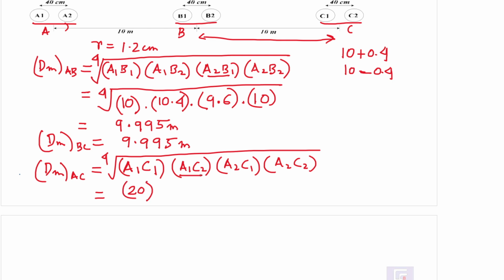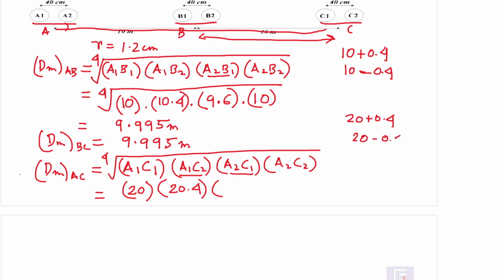What is A1 to C2? A1 to C1 is 20 and C1 to C2 is 40 centimeter, so it will be 20 plus 0.4, so 20.4. A2 to C1 will be 20 minus 0.4, that is 19.6.